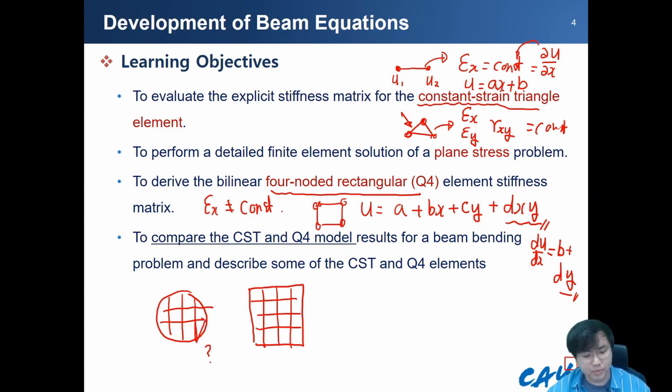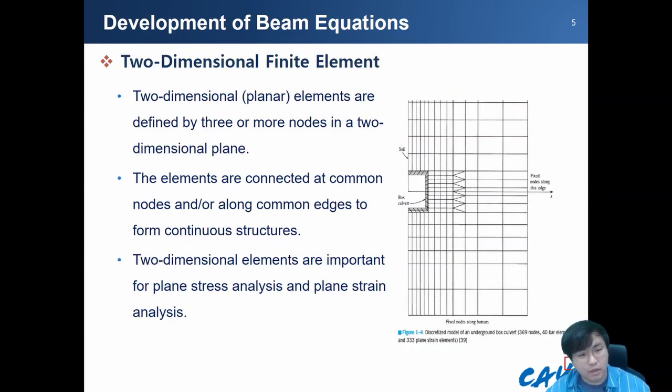It is also easy to derive our stiffness matrix equation, so today or next lecture we are going to learn about the CST element first. The Q4 concept is that we add one more nonlinear term, so we can use it for two-dimensional analysis in FEM.